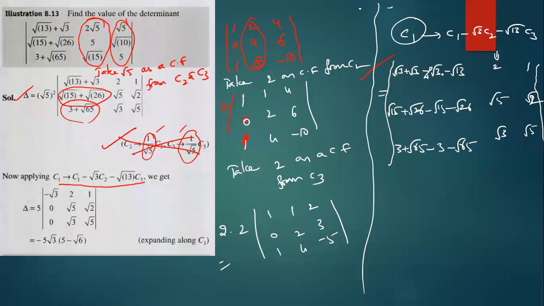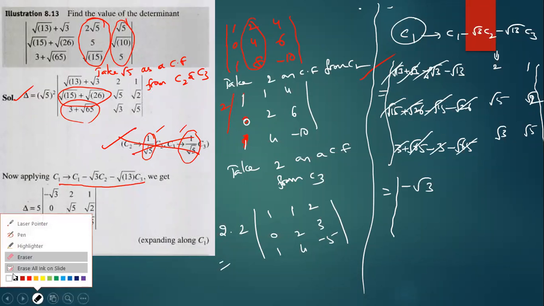Now simplify, any term cancelled here? These are cancelled. These are cancelled. These are cancelled. What is the next step coming? Minus root 13 is coming. See carefully. No, root 13 is cancelled, sorry. This is root 3. Yes, correct. Root 13 is cancelled.